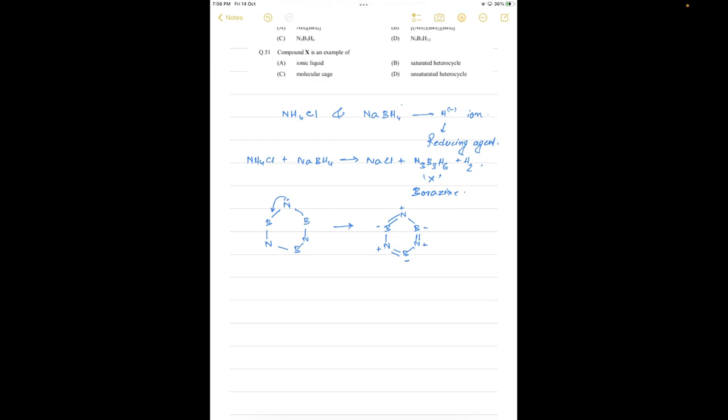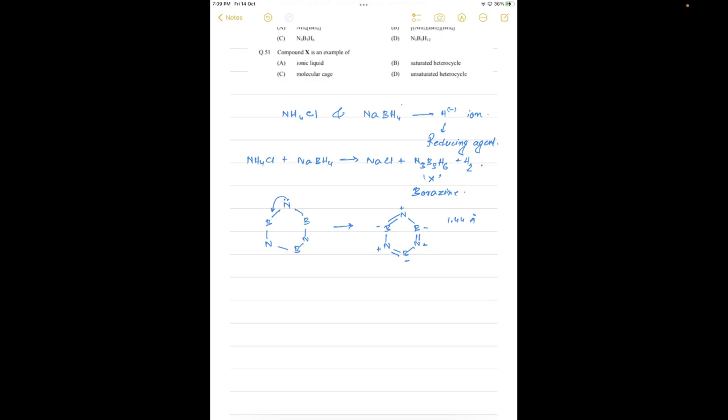So it is a cyclic compound, and it has 6 bonds, and it can form resonance structures also like benzene, and the bond distance is 1.44 angstrom.